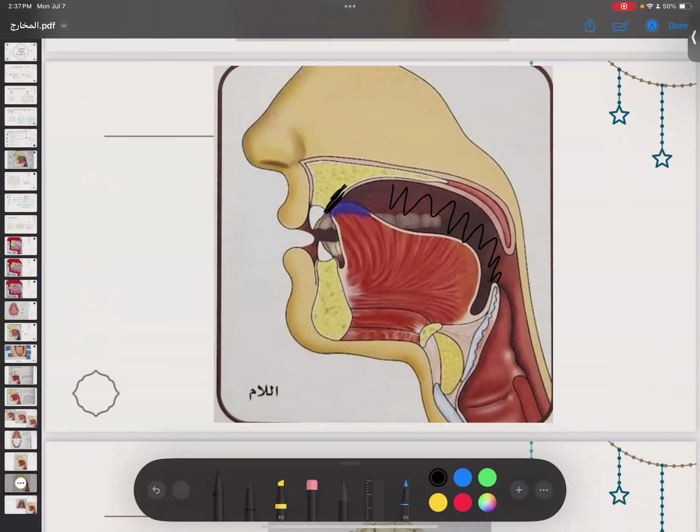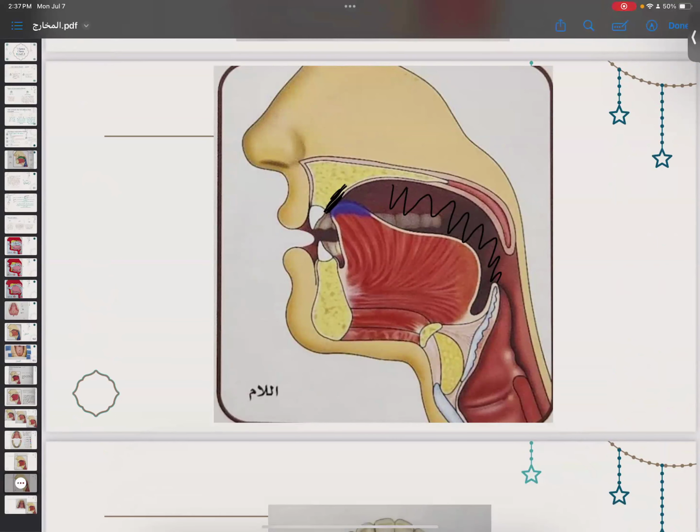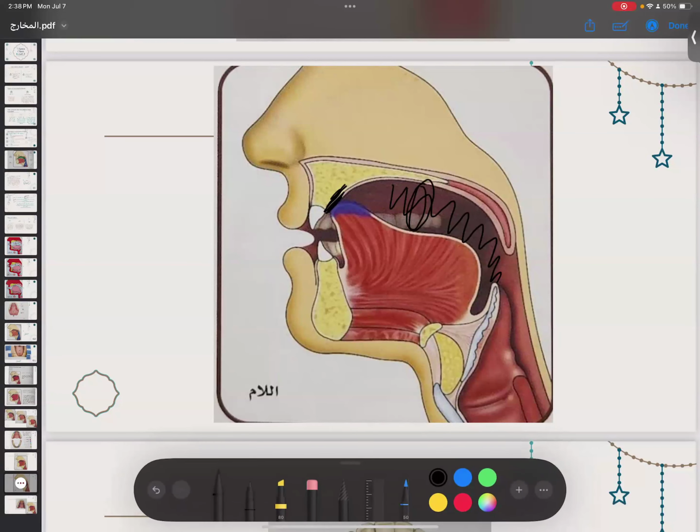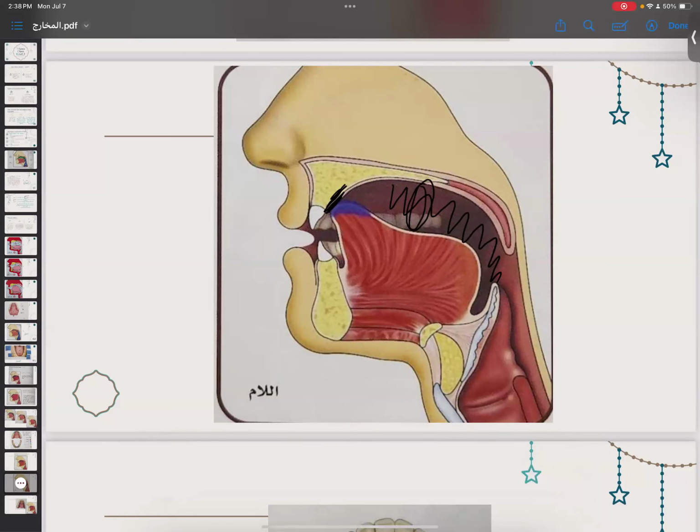So usually what I like to do is have everyone pronounce the letters themselves so that they can feel where exactly it's coming from, not just look at it or just learn about it. So if you guys pronounce lam, you'll feel that the lam touches the hard part of the mouth, and the tongue is spread out, kind of, so that there is this empty space between the tongue and the roof of the mouth for the rest of it.